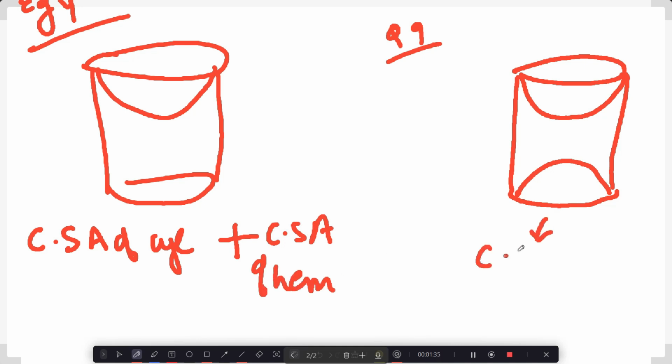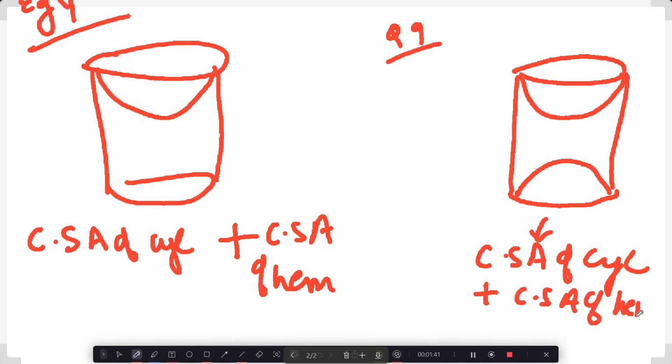Similarly here it will be the curved surface area of the cylinder plus the curved surface area of hemisphere 1 plus the curved surface area of hemisphere 2. Actually, this will net become a sphere in that sense. So that is the answer for these two questions. I have solved these two together.